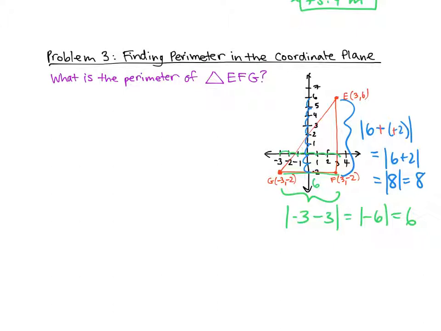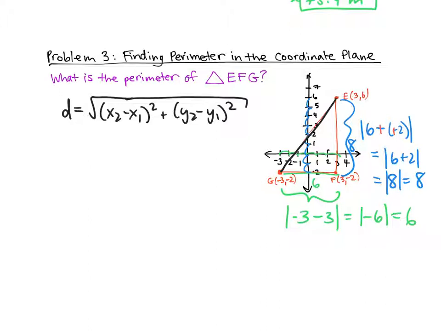This distance is 8. And then for this length, we're going to have to use the distance formula. The distance formula from the last section was the difference between your x's squared plus the difference between your y's squared, and then take the square root of that after you add them together.